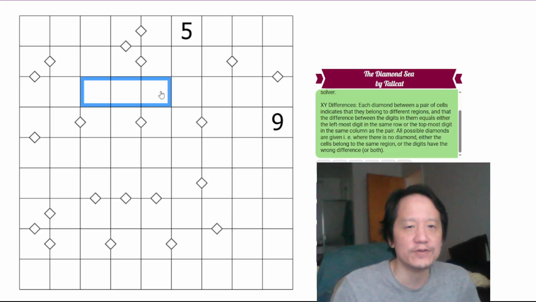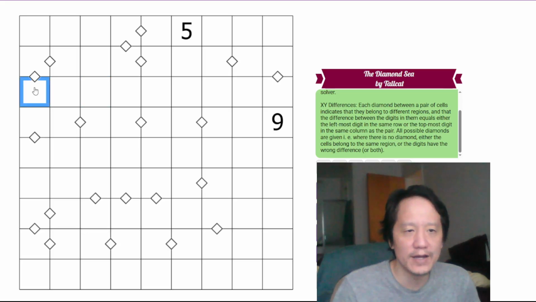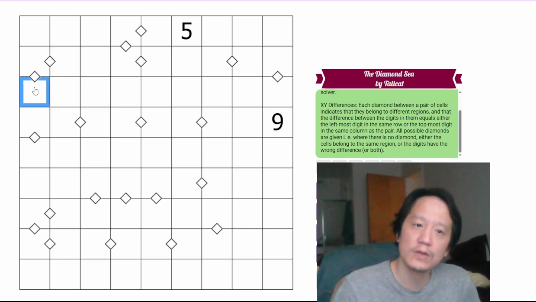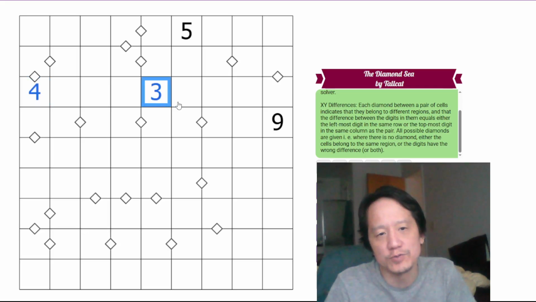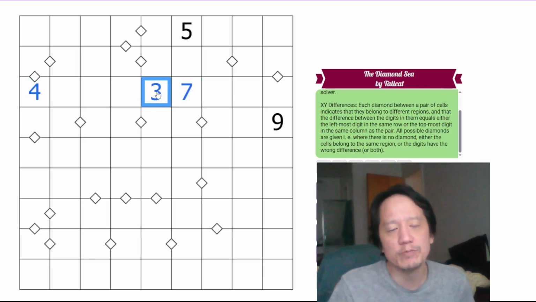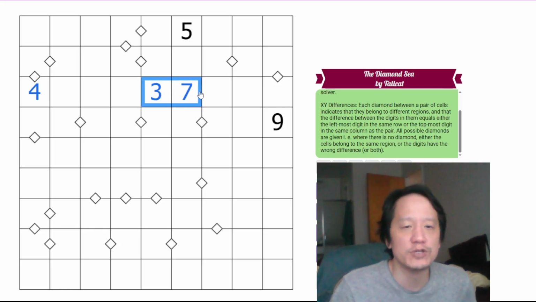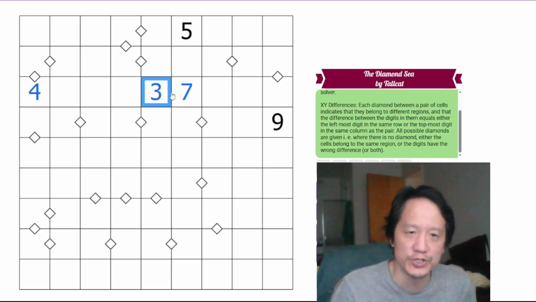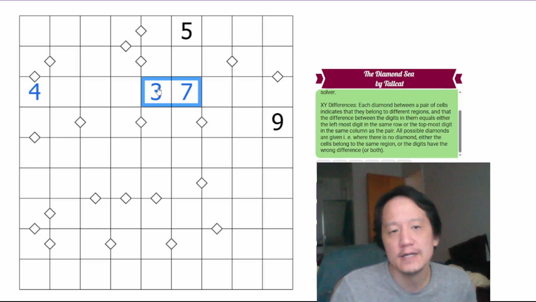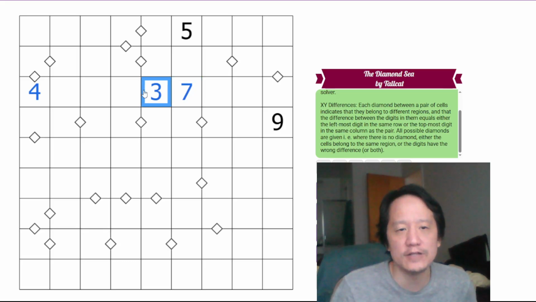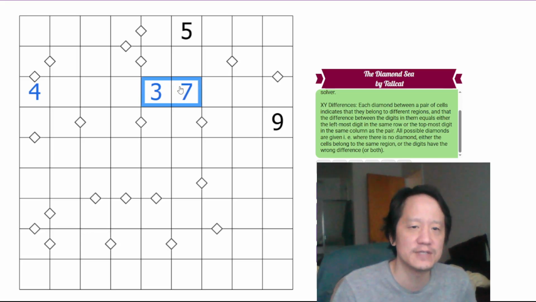Or if they have a difference that is the same as the leftmost digit in the row. So say this was a 4 and this was 3 and 7. That would mean, because there's no diamond in between them, they have to be from the same region, because the difference between these cells is 4. But because they don't have a diamond between them, they cannot be from different regions. They have to be from the same region then.